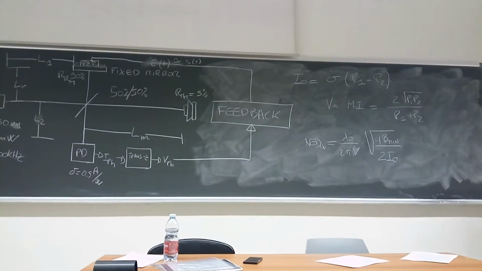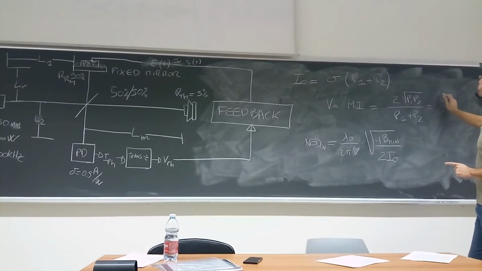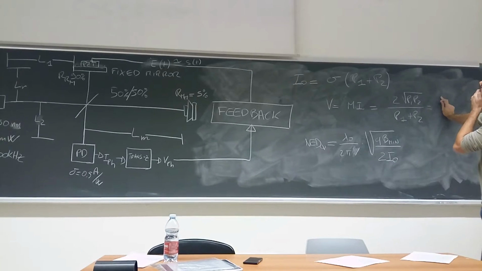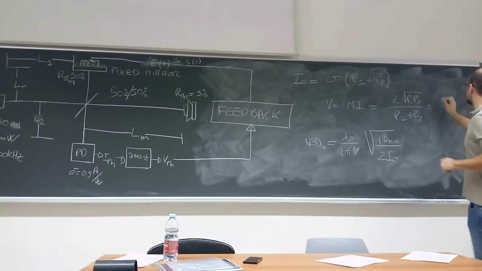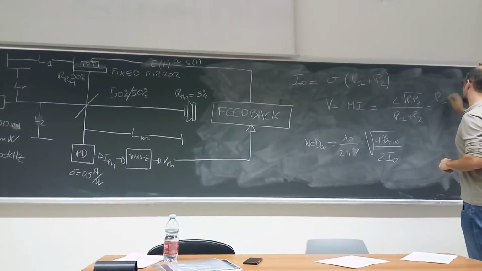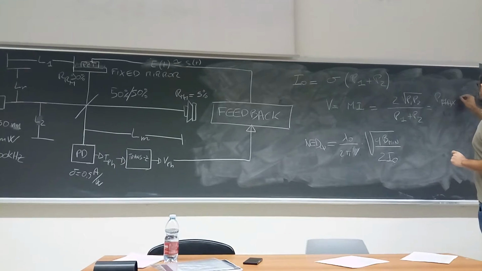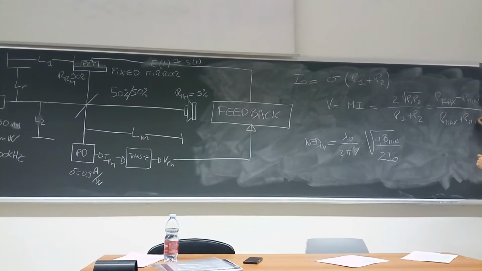This should be equal also, try to check this, to P max minus P min divided by P max plus P min. These two quantities should be equal.